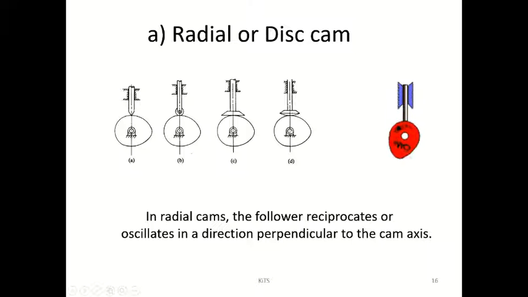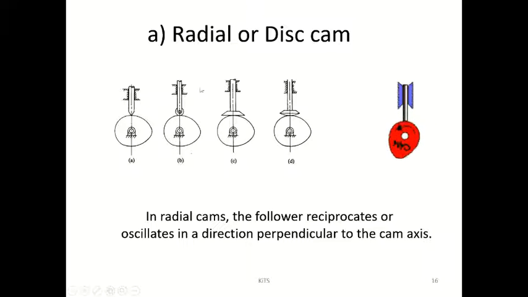Here the axis of cam and the axis of follower meet each other. This is the center of the cam, and this is the center axis of the follower, and they meet each other.